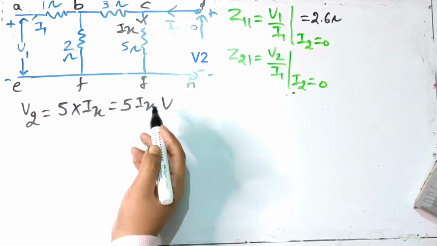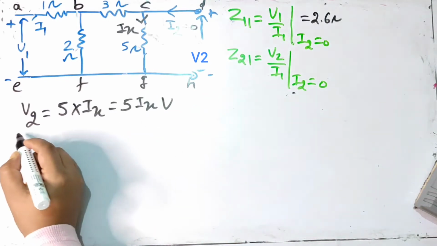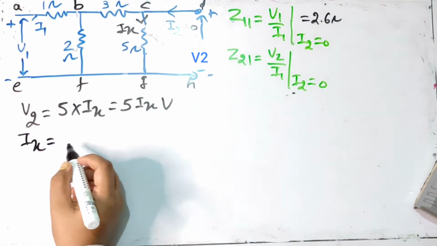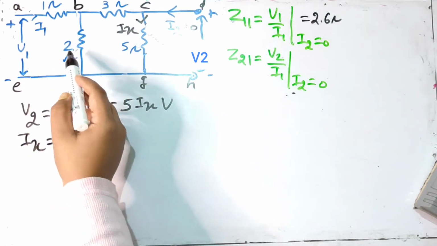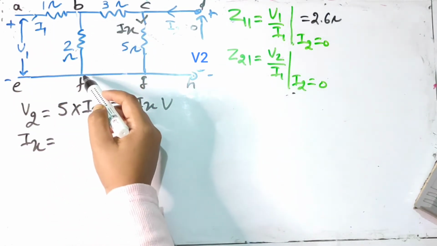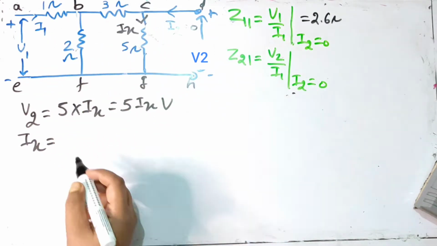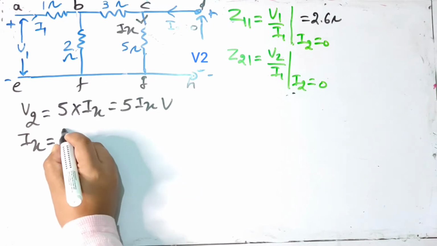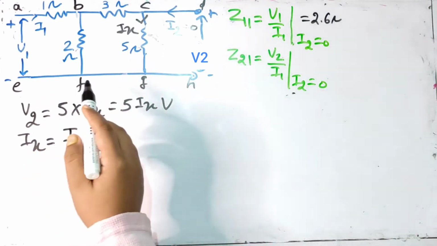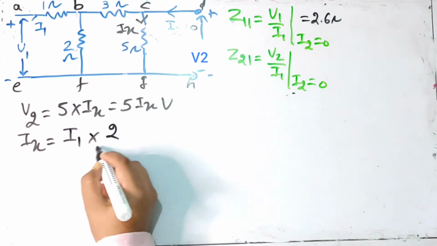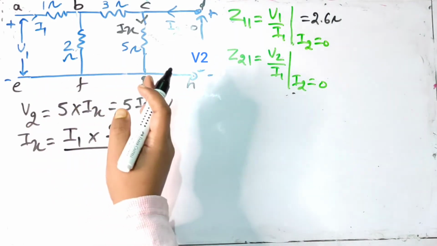Now I have to find out the value of Ix, which I can do simply by using current division rule. So Ix is equal to the current that is being divided, which is I1 being divided into 2 parts. One part of I1 is going in BF and another part of I1 is going in BCG. So according to current division rule, total current I1, times the resistance of the other branch that we are not finding the current of, which is 2 ohm, and in the denominator the addition of resistance of both the branches.